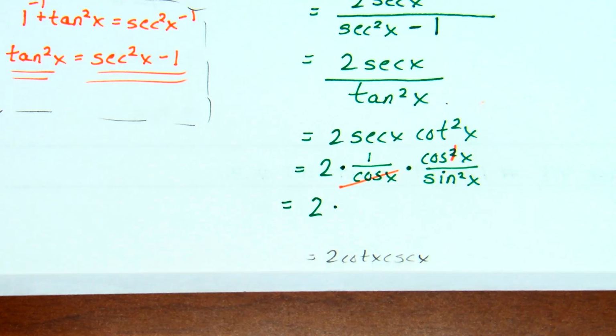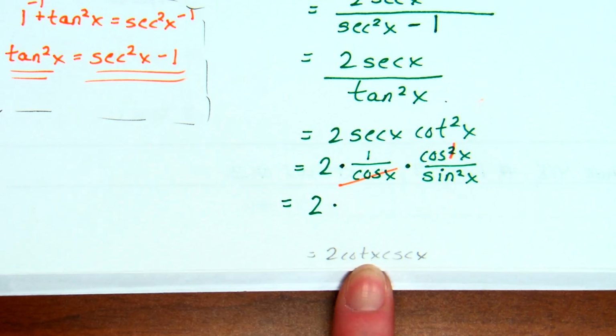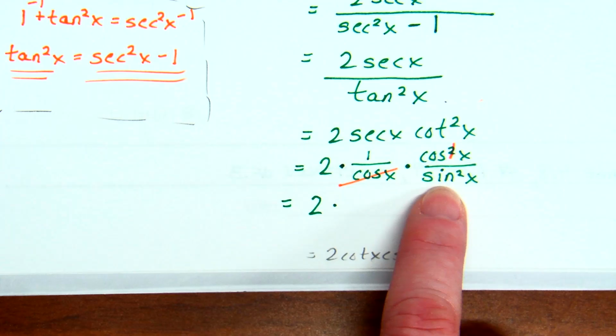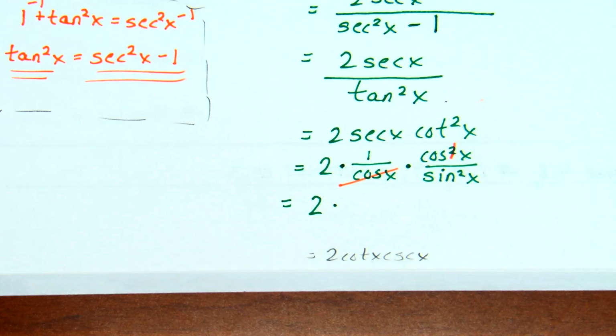I had sine squared on bottom. Do I still have sine squared on bottom? I do, because sine times sine is sine squared. Do all my pieces match now? 2 cosine over sine is cotangent x. 1 over sine is cosecant x. We got there.